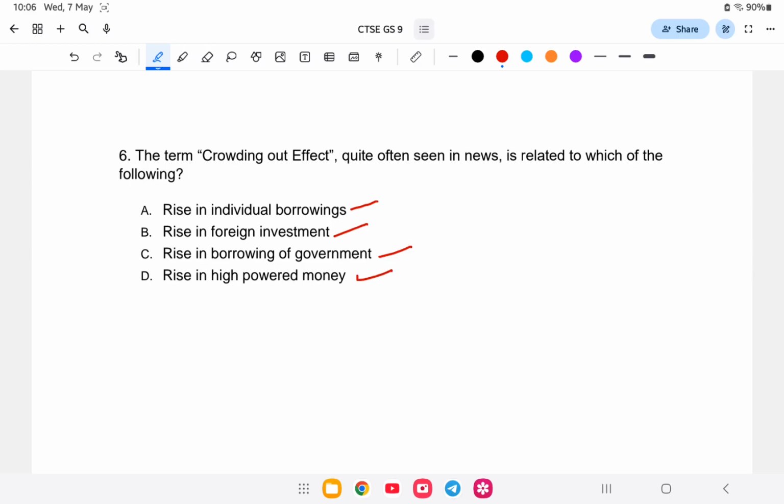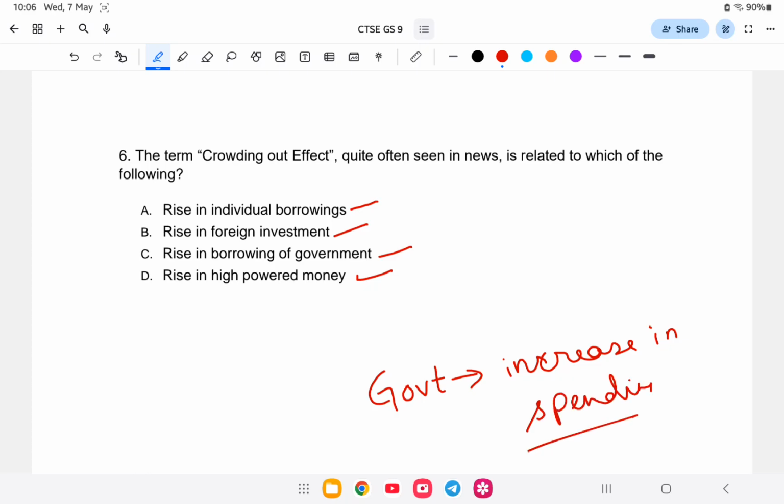The crowding out effect is related to the government increasing its spending. This leads to the crowding out effect. So spending or borrowing. What is the answer? Option number C.